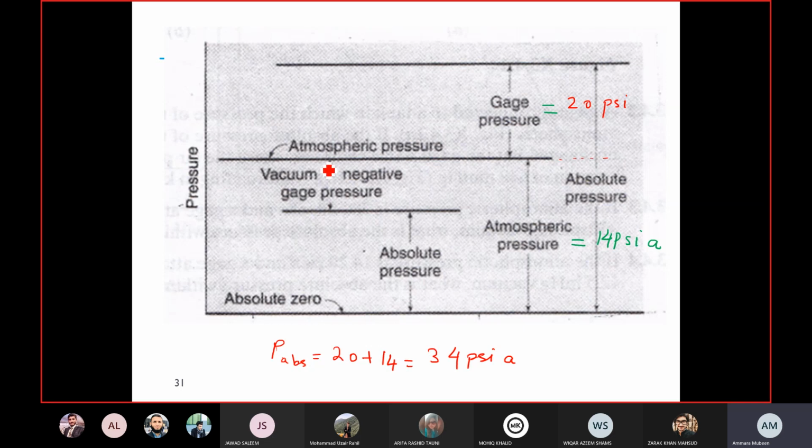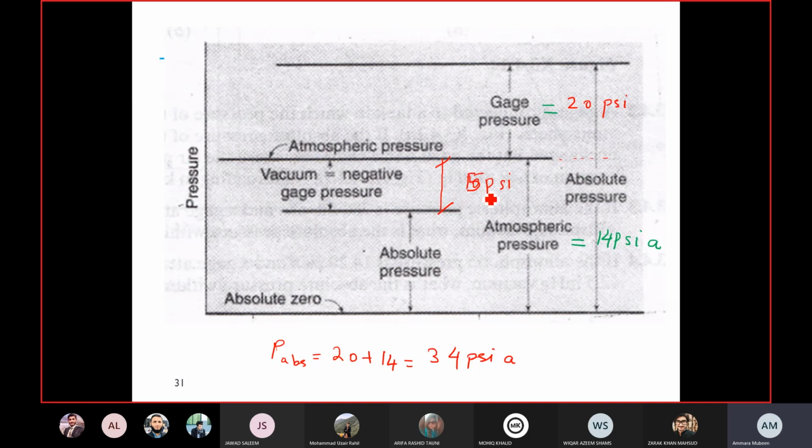So if this is negative pressure and this value is, sorry, not 10, 5 psi, the reading of the vacuum gauge is 5 psi.